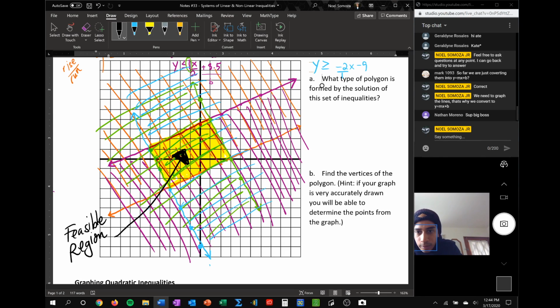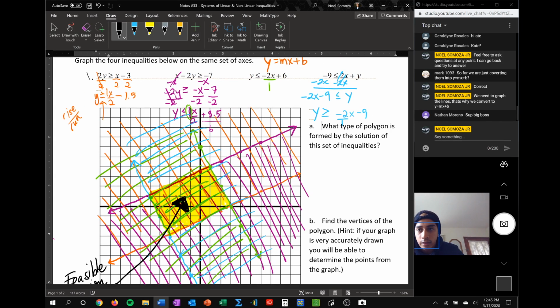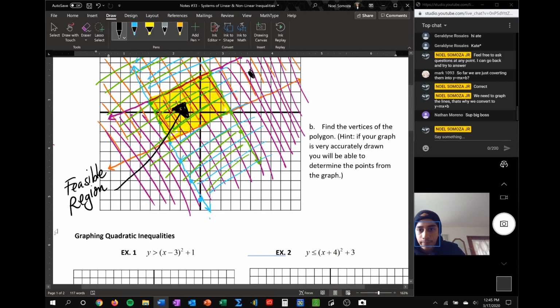Any point that you pick inside of that is going to be true for all 4 functions. If you pick a point outside of that area, anywhere else, it's only going to be true for some of them, but not all of them. So you want the area that represents true for everything.